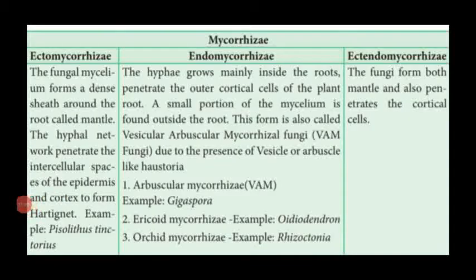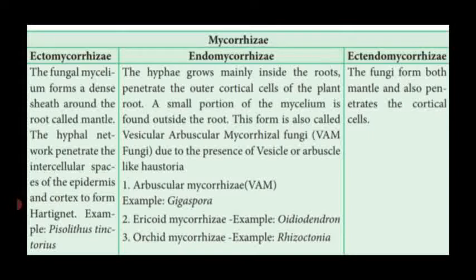Dear students, this is the table showing 3 types of mycorrhizae: ectomycorrhizae, endomycorrhizae and ectendomycorrhizae. First one, the fungal mycelium forms a dense sheath around the root, that means the epidermal region. The dense sheath of the fungus is known as the mantle.